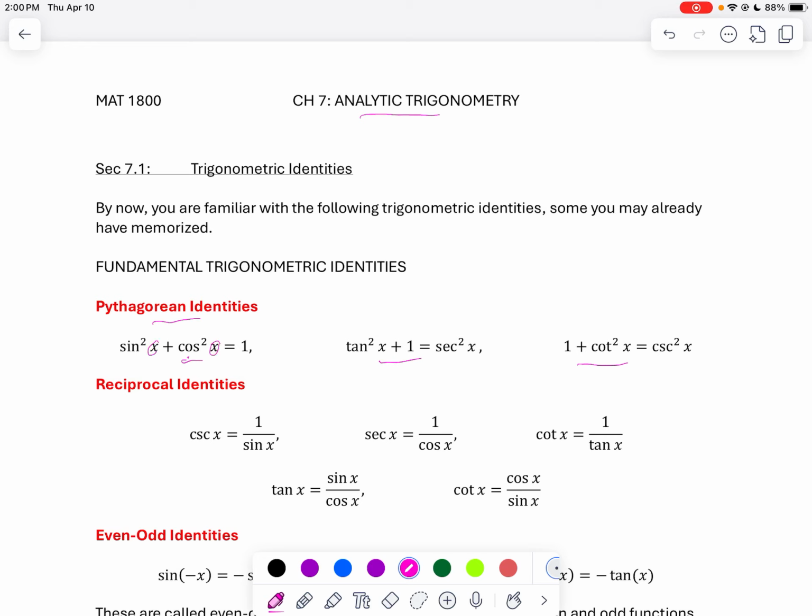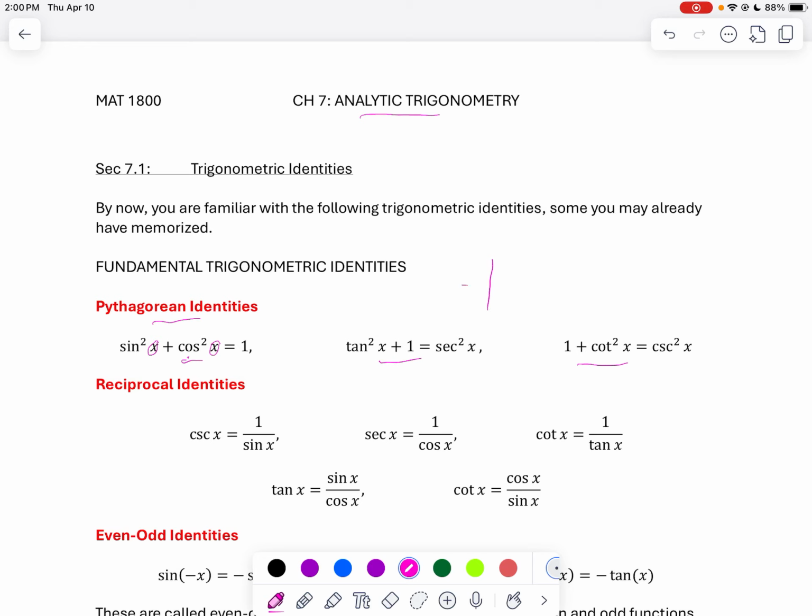Like most equations that you solve, they are true for certain values of the variable, but in this case they are true no matter what real number x you pick. So these are called identities. The first three are called the Pythagorean identities, and the reason is because they can be thought of as coming from the Pythagorean theorem.